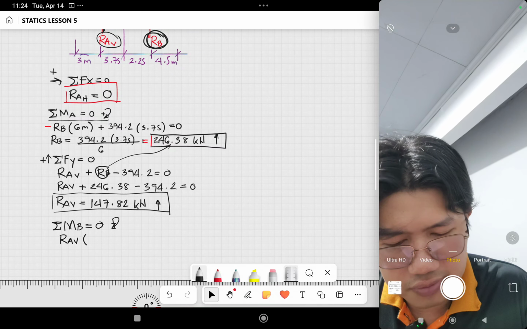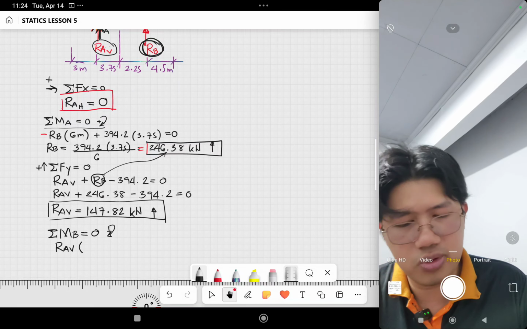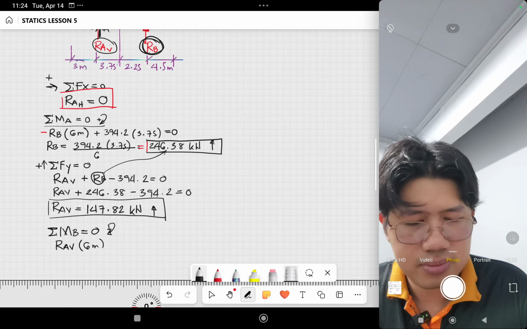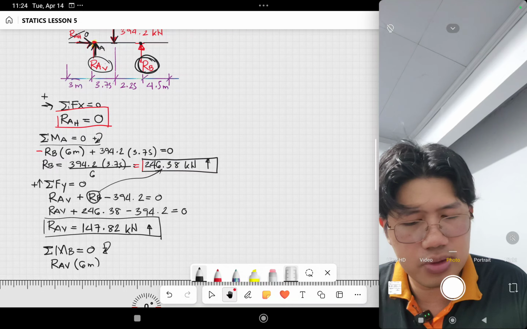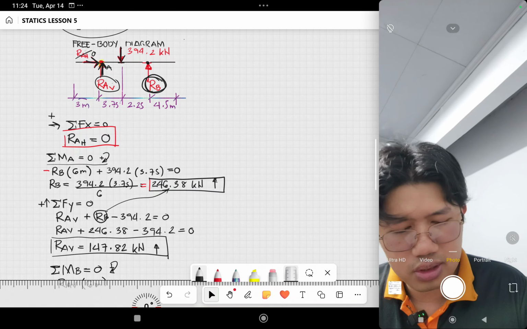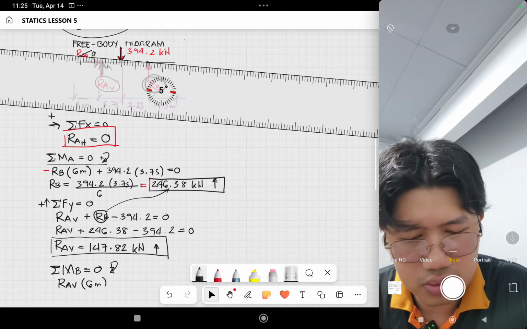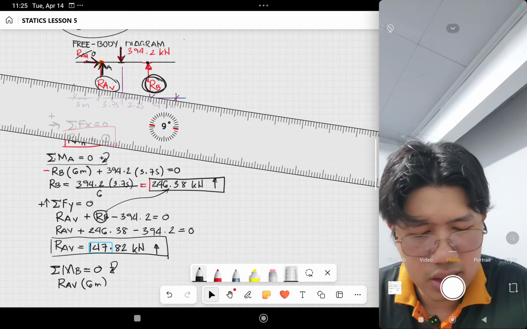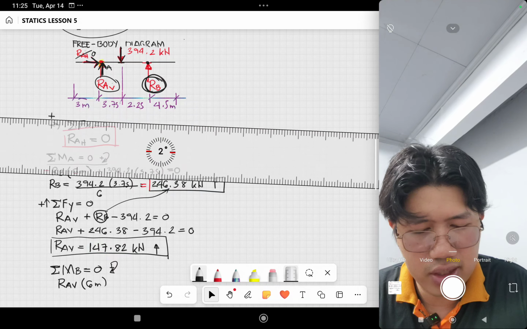So that is RAV times yung distance niya papuntang B, that is 6 meters. And then we have 394.2, no? If we follow natin yung direction niya, it will rotate in a counterclockwise manner.